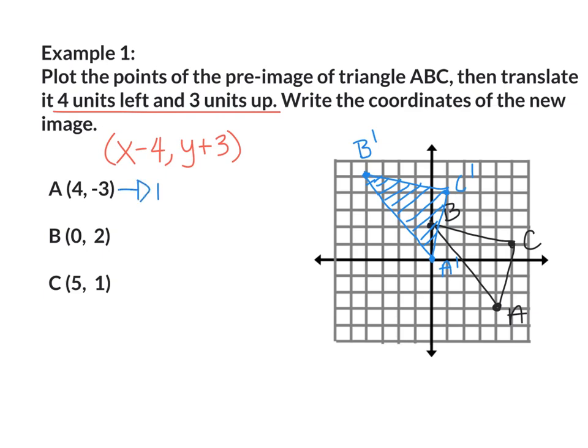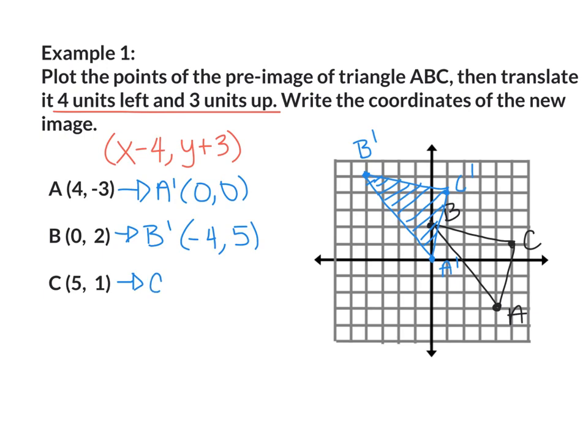So we'll start with A prime. I'm going to take 4, I subtract 4, that gives me 0. I add 3 to the 3... I subtract 3, I add 3, that gives me 0. For B prime, I have 0, I subtract 4, that gives me -4. I have 2, I add 3, that gives me 5.